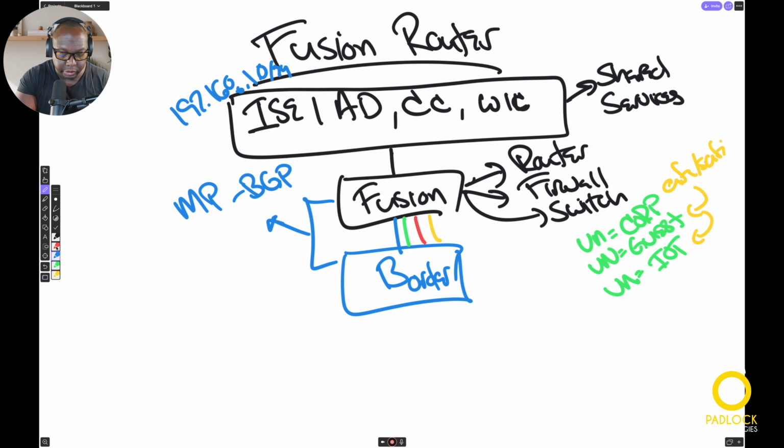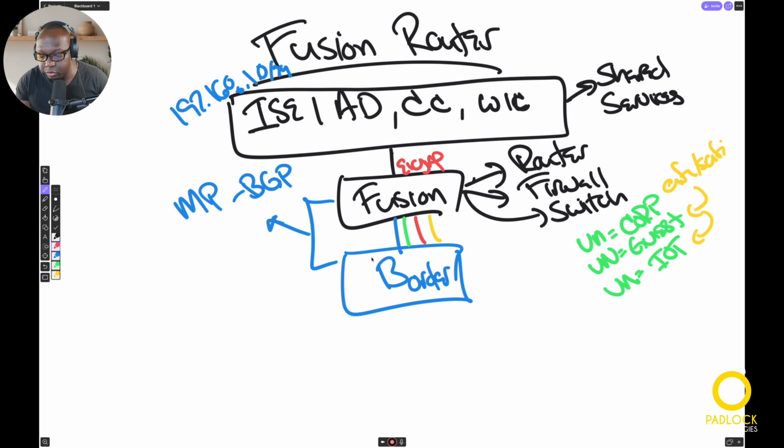Let's say you are running EIGRP or something. That network would be in your routing table and your topology table from an EIGRP perspective. Then from BGP, you would need to redistribute these EIGRP routes into BGP.